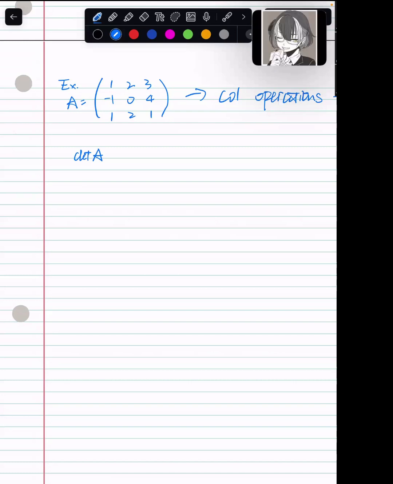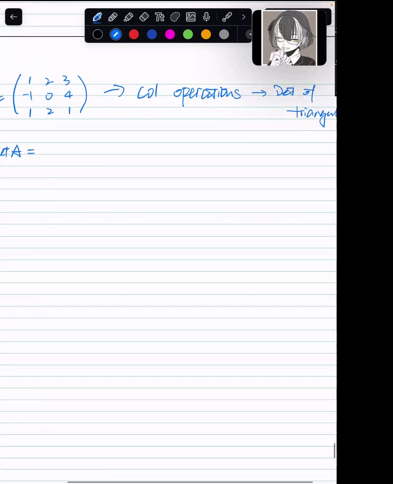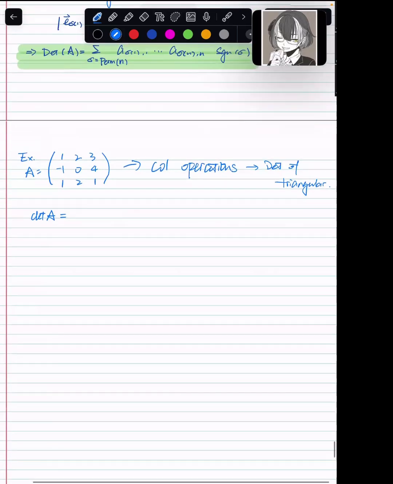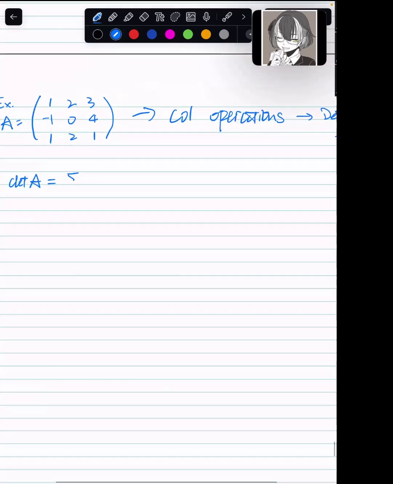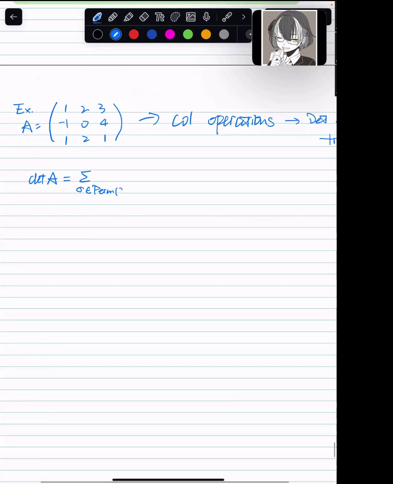So right now I have the determinant of A, and I want to calculate it using what we just had. I would first find the sum over permutations, and in this case our n would be 3, because we are in a space with a basis of 3.